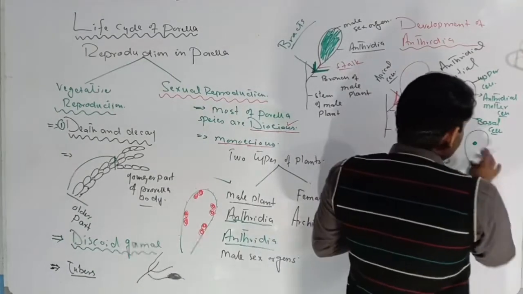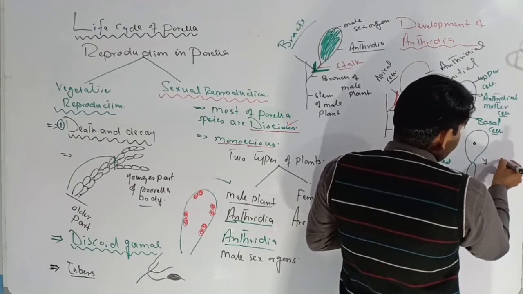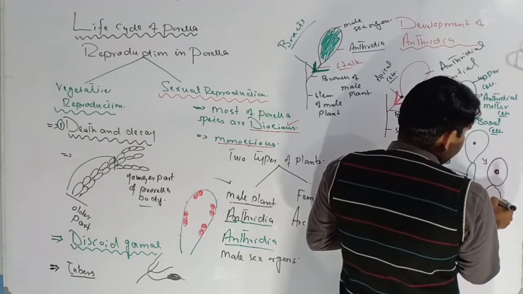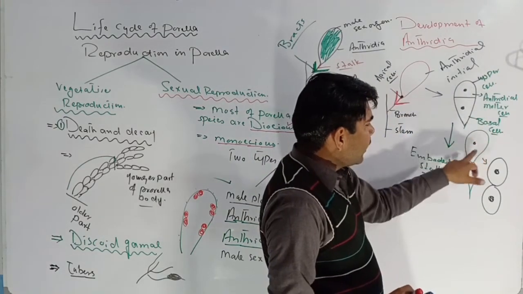When this antheridial cell again divides, it will produce two cells. These two cells are produced by the division of this antheridial mother cell.